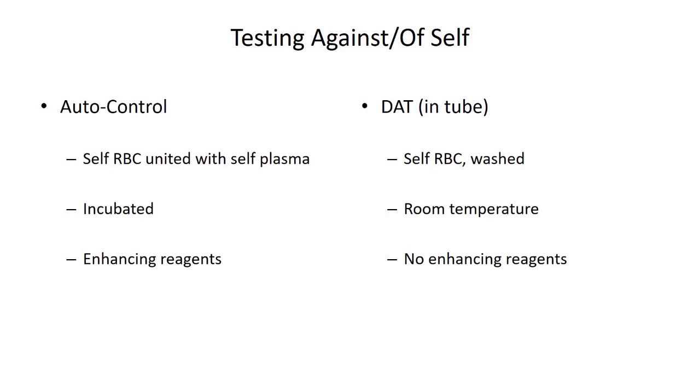That's in contrast with a tube DAT, where the individual's red cells are washed, the testing is done at room temperature, and there are no enhancing reagents. So this explains why autocontrols are sometimes more positive than the DAT. The DAT can be negative in 10% of immune hemolytic anemias, but where that warm auto may show up is on enzyme-treated cell panels or on autocontrols.